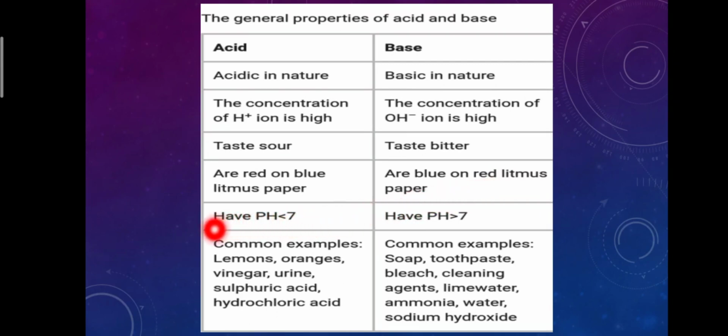The pH of acids is smaller than 7, and in bases pH is larger than 7. Common examples of acids are lemon, oranges, vinegar, urine, sulfuric acid, hydrochloric acid.